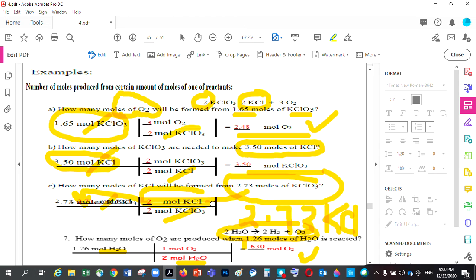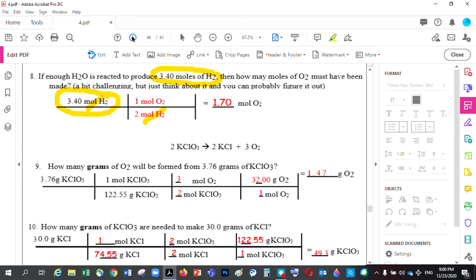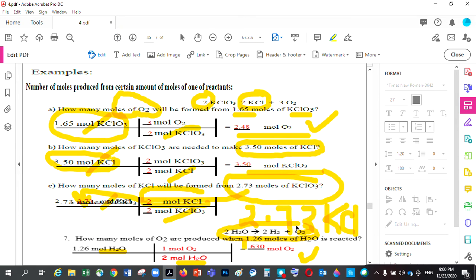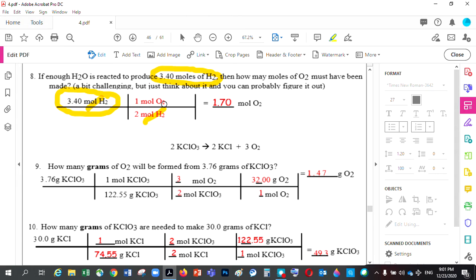And if I want the oxygen, I have 1 mole of oxygen to 2 moles of hydrogen. So I have 1 mole of oxygen to 2 moles of hydrogen, and the moles of hydrogen cancel out. I have 3.40 multiplied by 1 divided by 2, and I get the moles of oxygen.